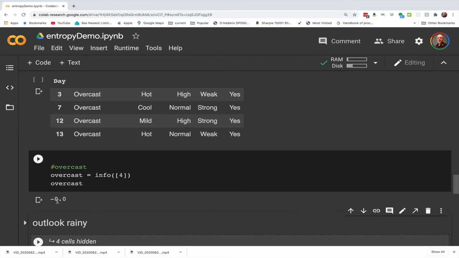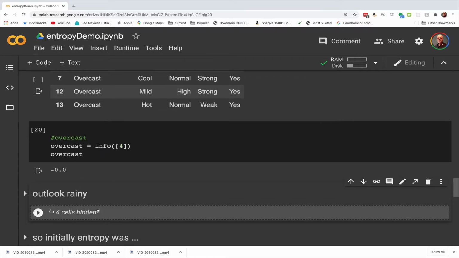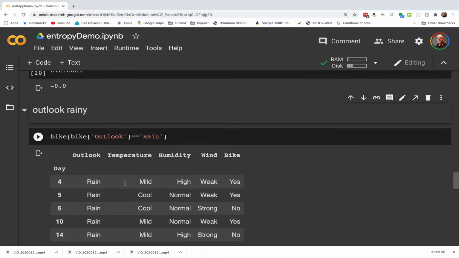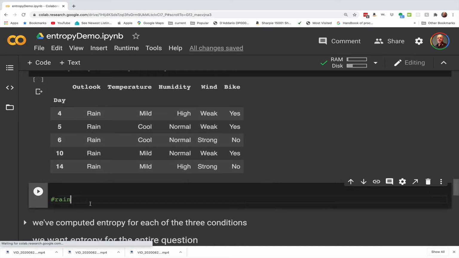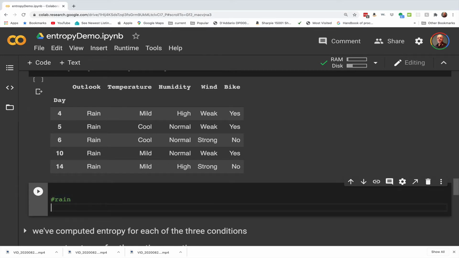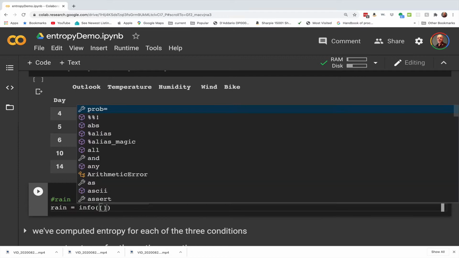Okay. It's a little error in my program. That's not going to affect anything, but I get -0 there. And let's take a look when it's raining. There's the raining examples, and you see 3 times when it rained, the person mountain biked, and twice that person did not. So let's get that in. Yep.